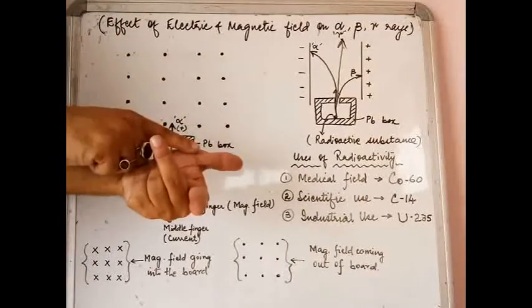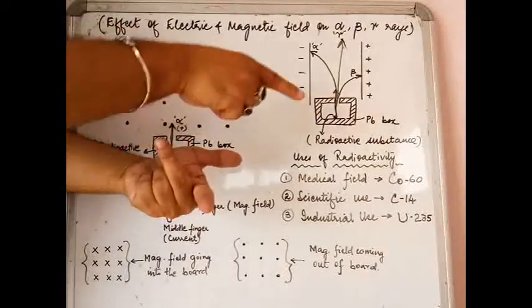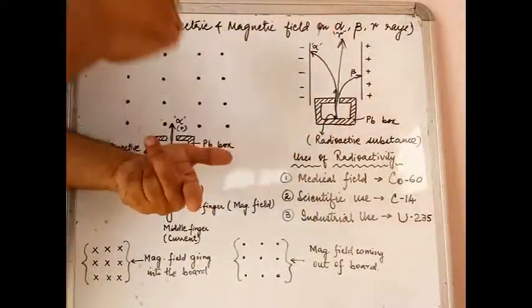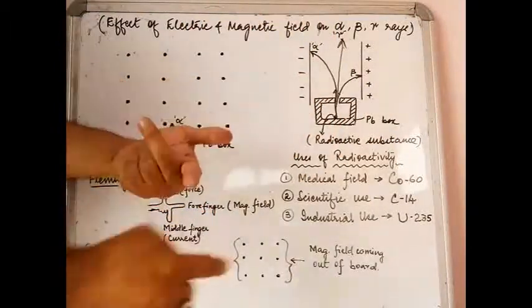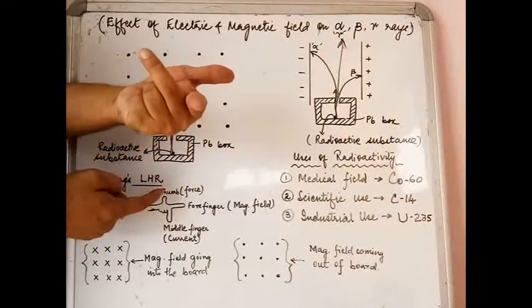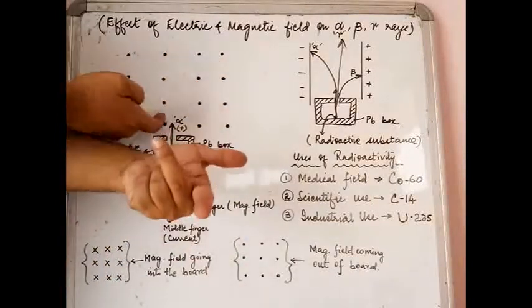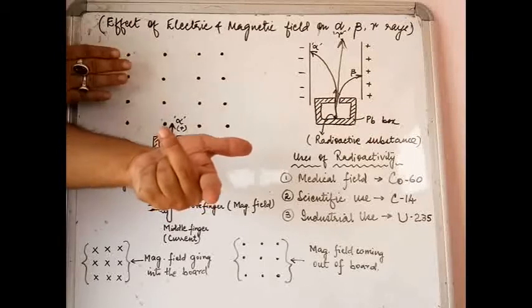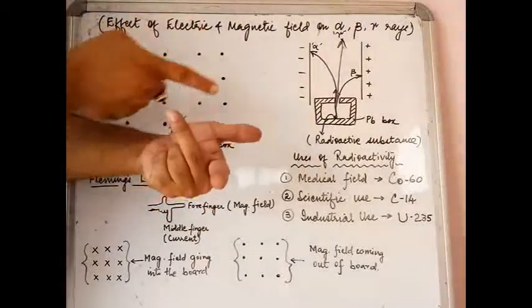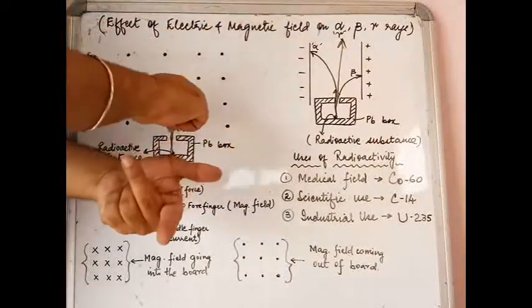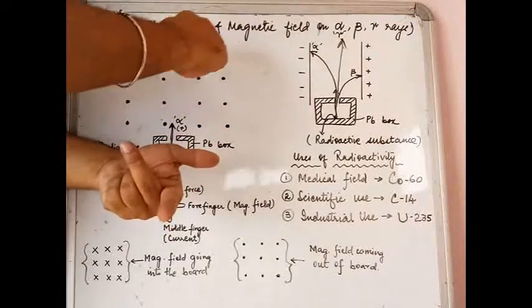In this case it is pointing to the right. So that means this thumb, as you can see in the diagram, denotes the direction of the force. So this alpha particle will experience a force in the direction of the thumb, which is to this side. Therefore alpha is going to turn like this.